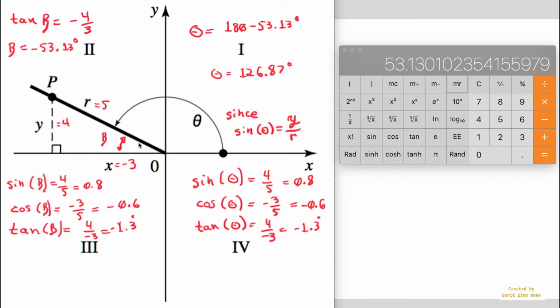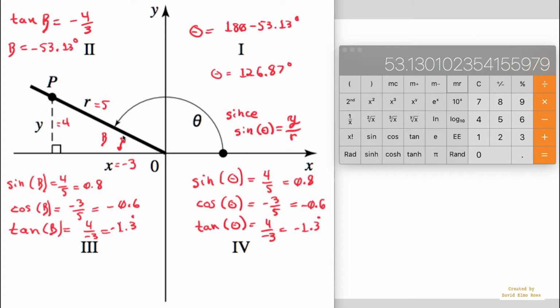And the sine of that angle is going to be 4 over 5, which is 0.8. If we look at the cos of that, that's minus 3 over 5, which is minus 0.6. If we take a look at the tan of this angle here, it's going to be 4 over minus 3, which is minus 1.3 repeated.